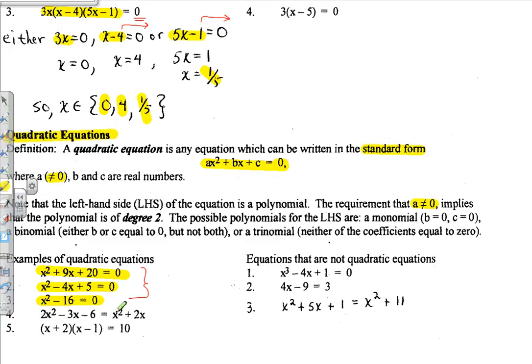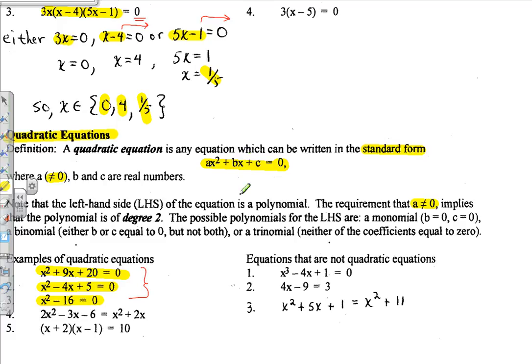And you will see that this equation can be written just like one of these first two up here. Now the last one, what you have to do first, you have to FOIL or use the special product of binomials formula, multiply that out, and then you take the 10 and subtract it from both sides. And again, you can put it into this standard form up here.